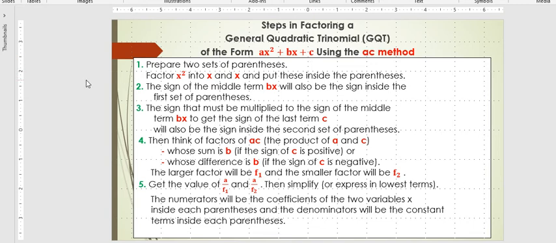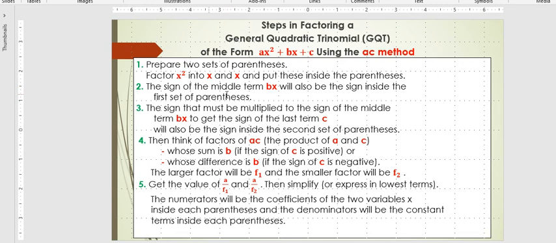So how do we factor a general quadratic trinomial of the form ax squared plus bx plus c using the AC method? Step 1. Prepare two sets of parentheses. Factor x squared into x and x and put these inside the parentheses. Step number 2.